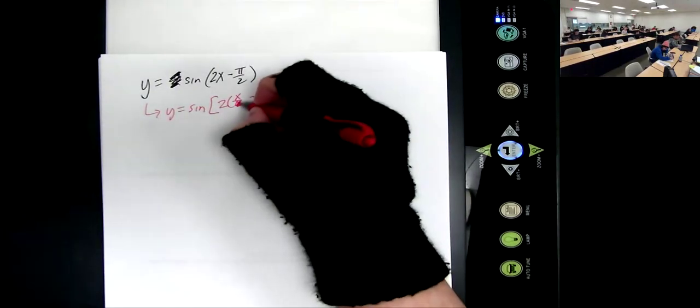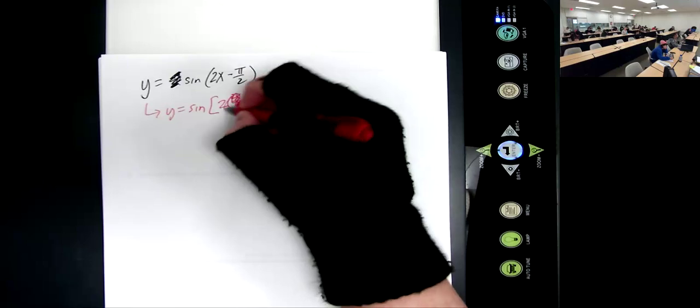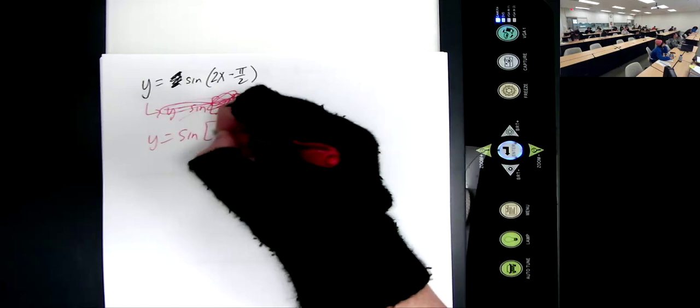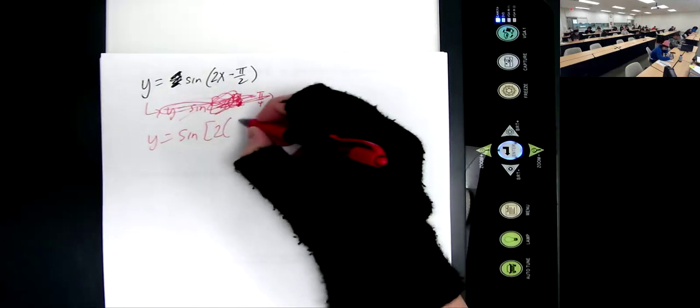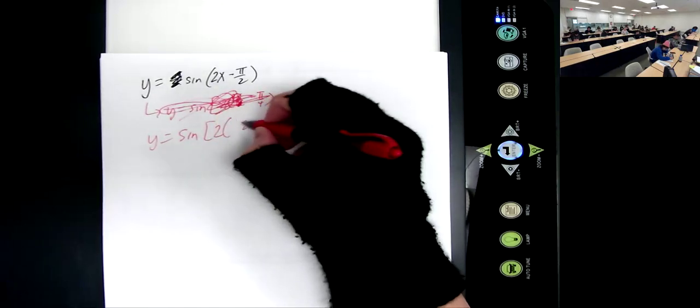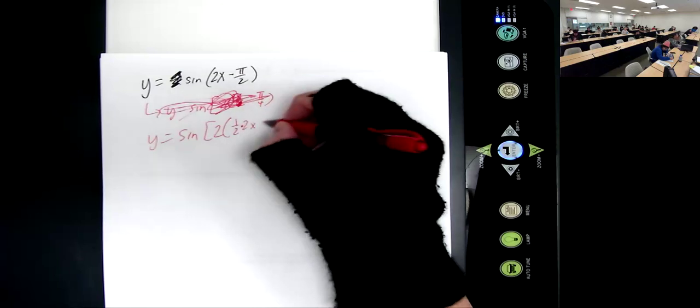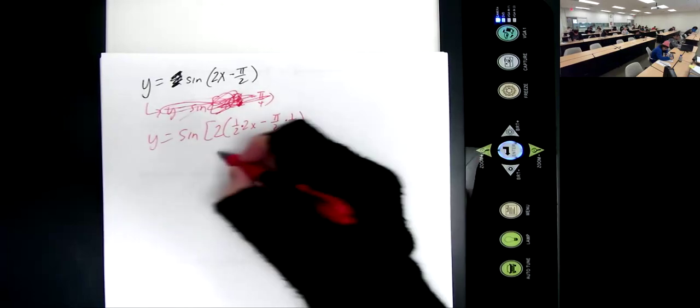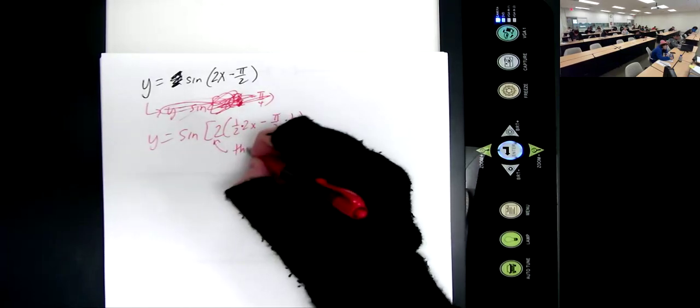Wait, sorry. That would be 2x over 2. Let me rewrite that. Make sure everyone's doing the right thing. Whatever you have on the inside, multiply by 1/2.